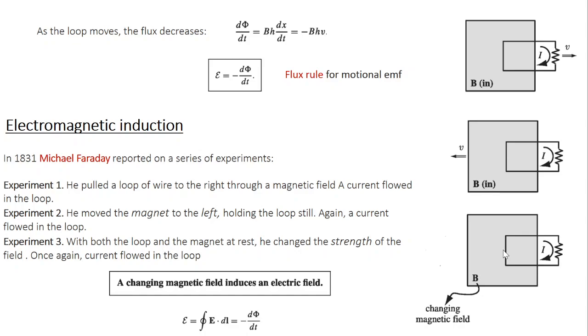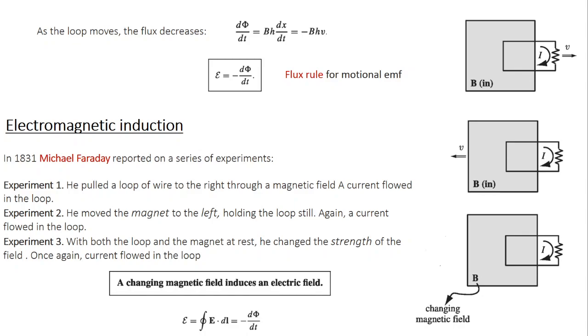In all three cases, the magnetic flux associated with the loop changed. Consequently, an electric field developed. So Michael Faraday inferred that a changing magnetic field induces an electric field.